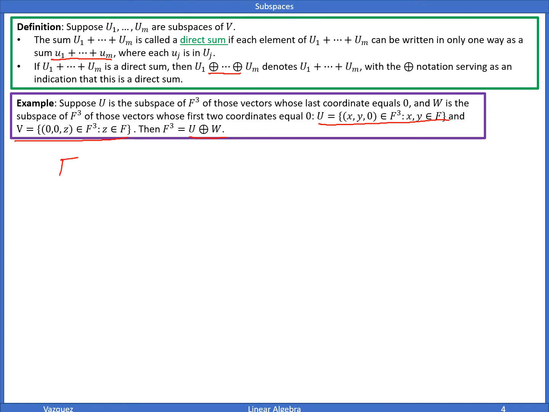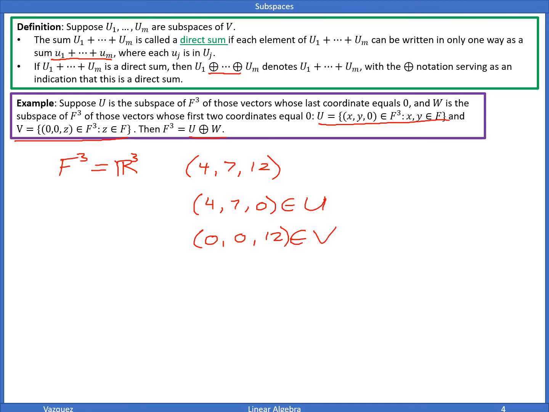Well, in F3, for example, if we let F be the reals, the three-dimensional space, an element there is, let's say, 4, 7, and 12. Here, 4 and 7 come from U, so (4, 7, 0) is an element of U, and W has the 12, (0, 0, 12).